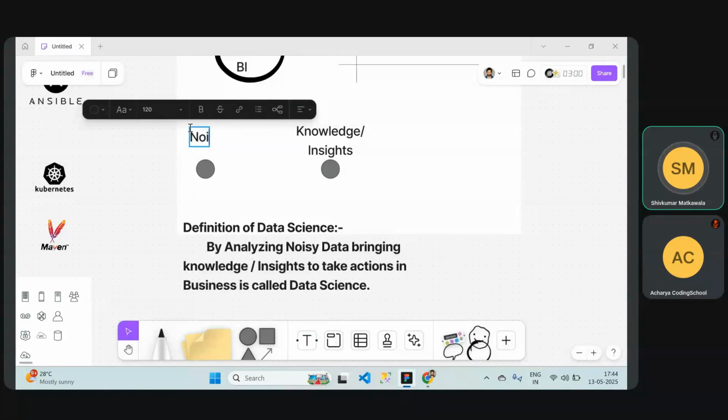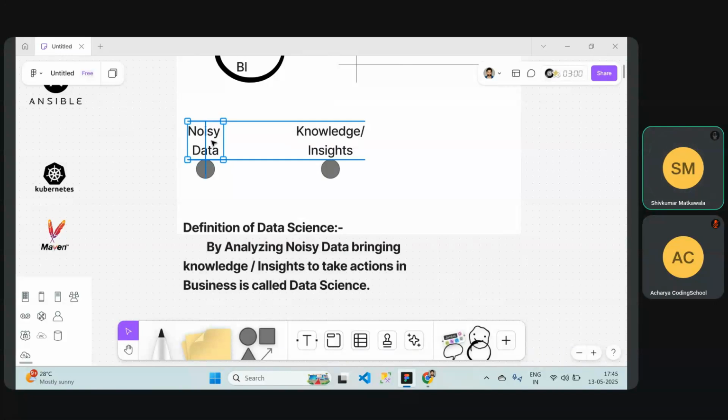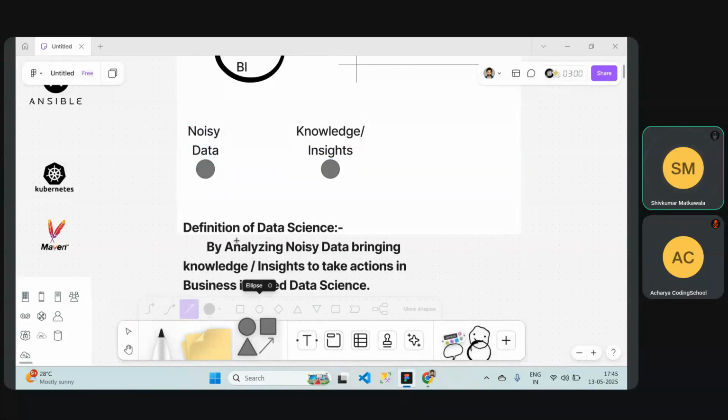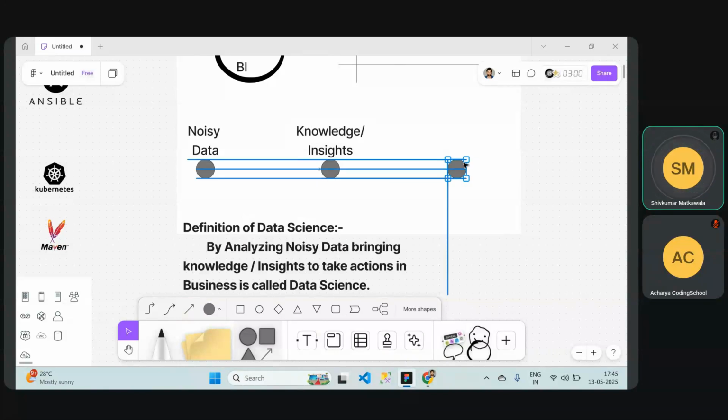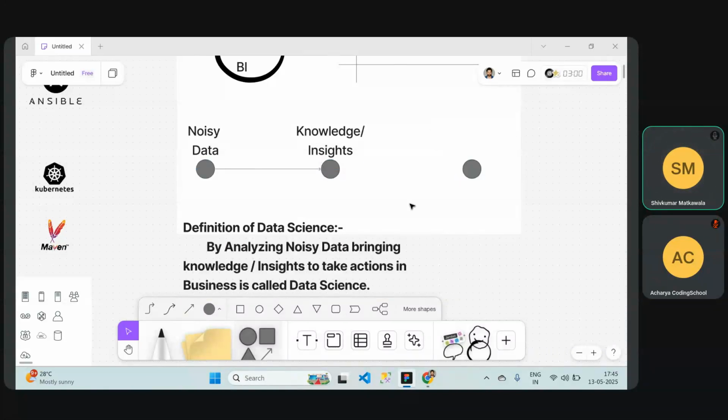So here is noisy data. I hope you're getting this, guys. Then from noisy data you get some knowledge or insights. Then the third step is, once you have the knowledge or proper insights, you will apply them in your business to take an action. So here comes action.